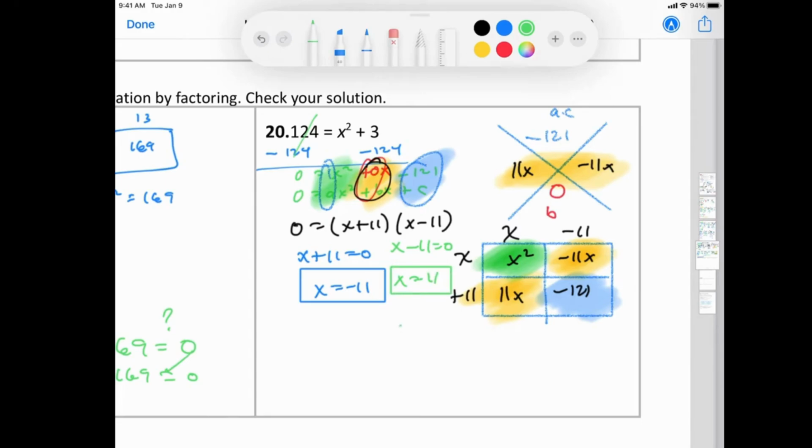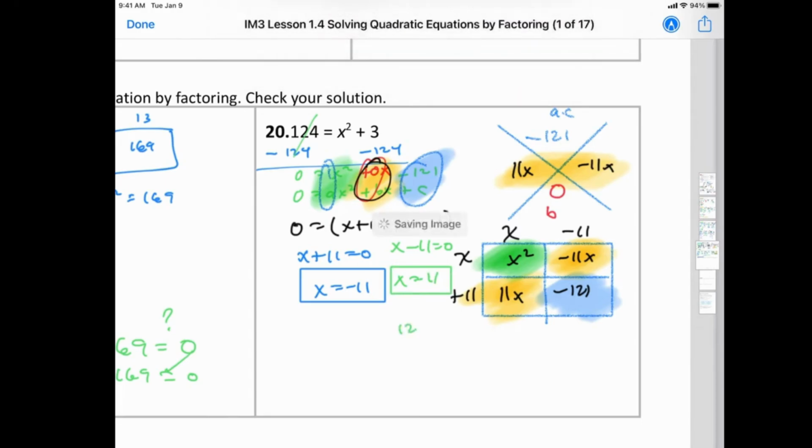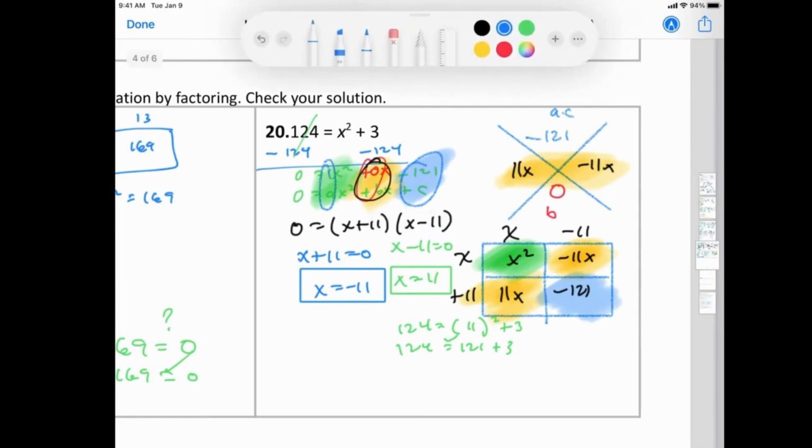Check it. So 121 plus 3 equals 124. And then 124 equals negative 11 squared plus 3. So again, that's negative 11 times the negative 11, which is positive 121 plus 3, which equals 124.